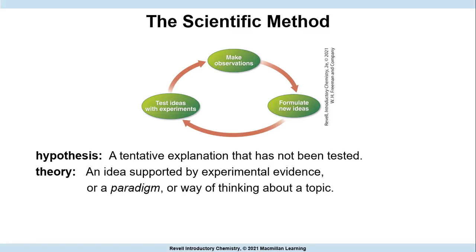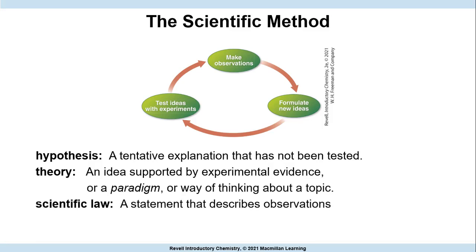Now, let's look at what is called a scientific law. What is a law? A scientific law is a statement that describes observations that are true in widely varying circumstances. So, the hypothesis is a tentative explanation that has not been tested. When that hypothesis is tested experimentally and it is seen to be true, that becomes a theory.